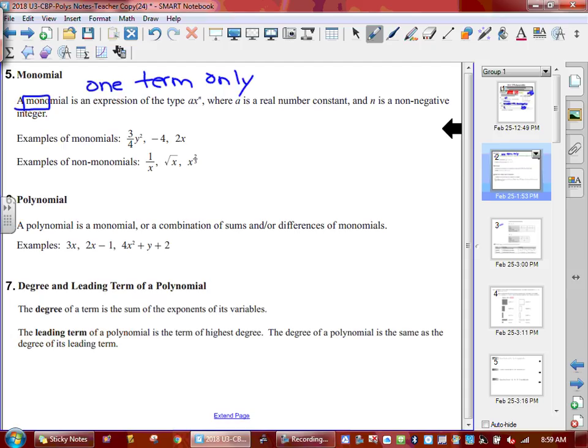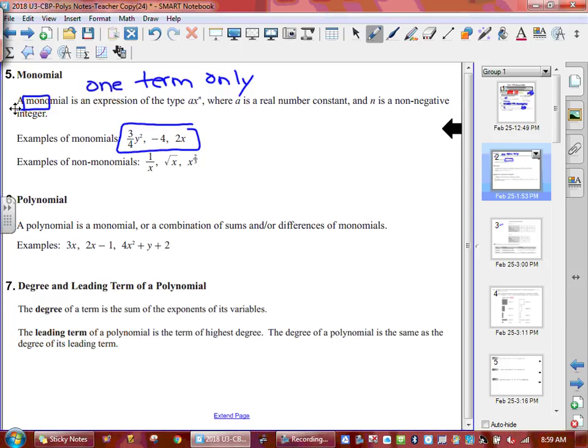Now, monomials, they can be created with fractions, and they're typically created with fractions. So monomials have letters and variables and numbers stuck beside them on top or on the bottom of a fraction. So every single one of these are monomials, okay? We've got y squared here.